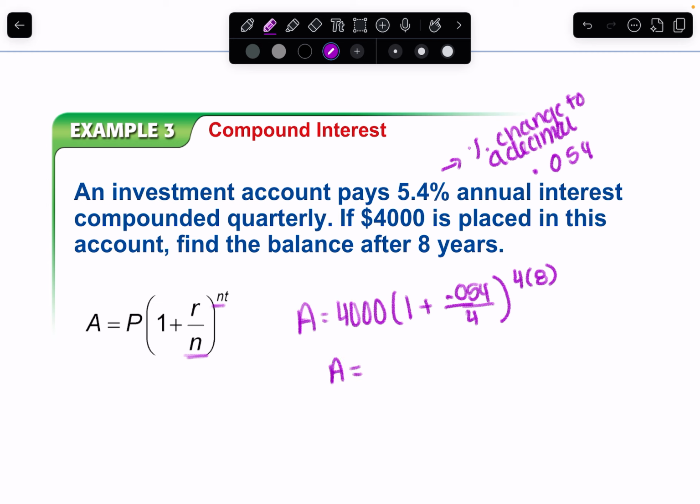However, whenever you solve this, you would get that it is 6,143.56. So that is how much money would be in the account after 8 years if you started with $4,000. So basically you put $4,000 in an account, you just let it sit there, accrue money for 8 years, and that is what it would end with after 8 years. So that is what your answer would be to that question.